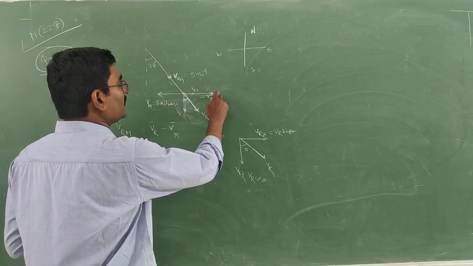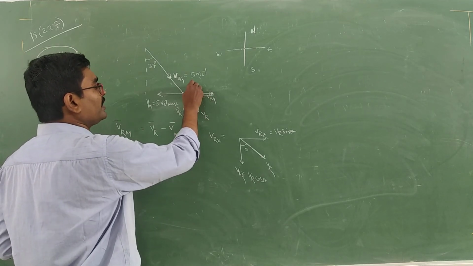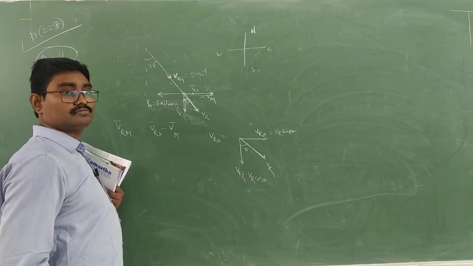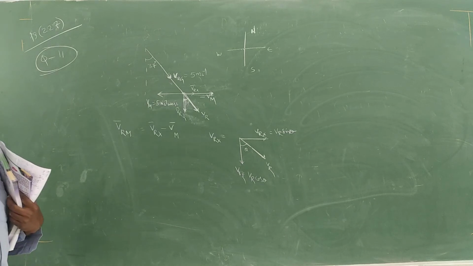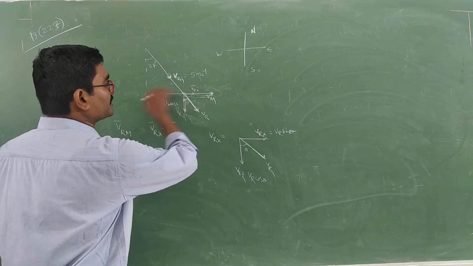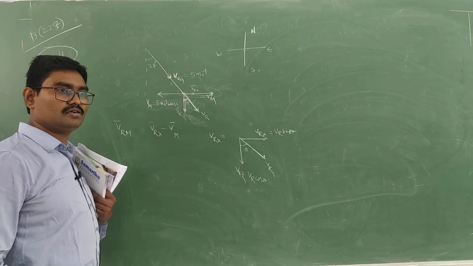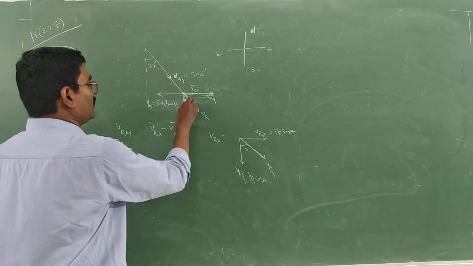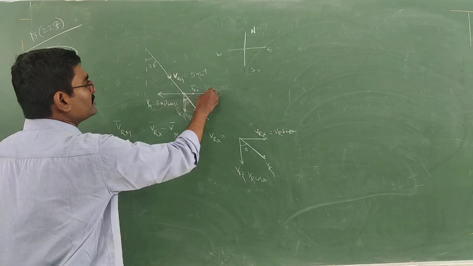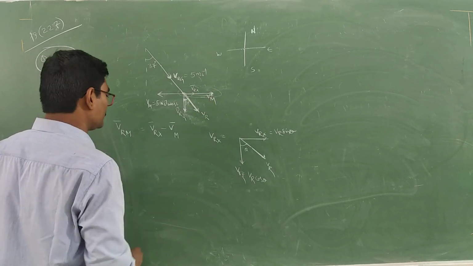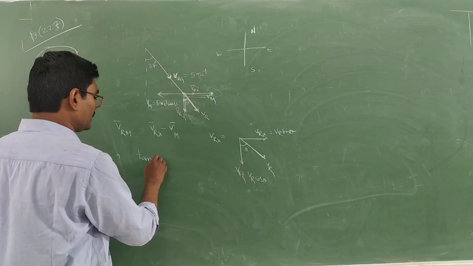So along this direction, velocity of rain with respect to man means what should I take? Velocity of rain in x direction minus velocity of man. Correct? Since both are in the same direction only I need to take. Then what about vertical? Vertical is separate. This is along x axis. Understood? The resultant of these two, since these two are in the same direction, see here. So what is tan theta you can take, or beta, whatever it is.